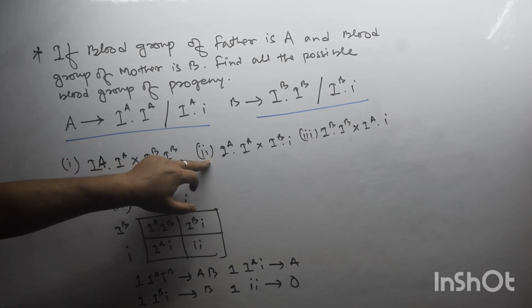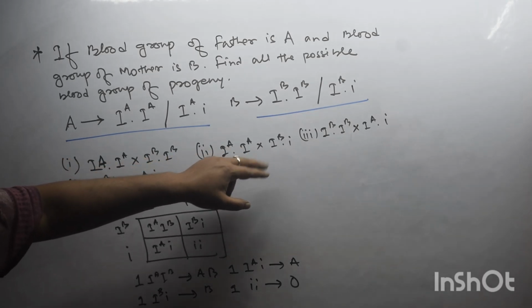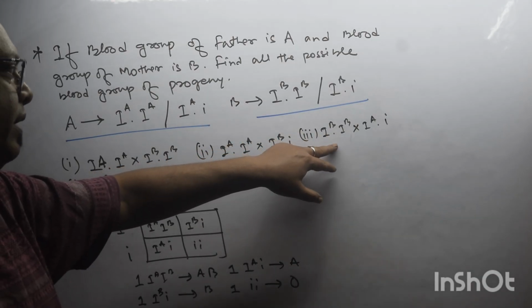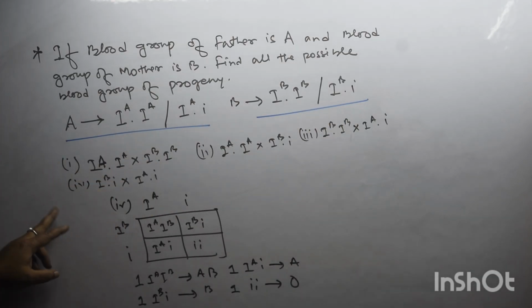In case of the second one, 2 AB and 2 A. In case of the third one, 2 AB and 2 B. In case of the fourth one, 1 AB, 1 A, 1 B and 1 O.